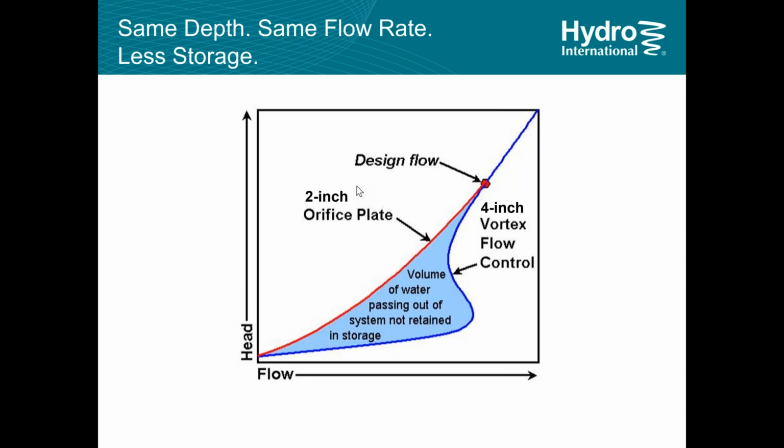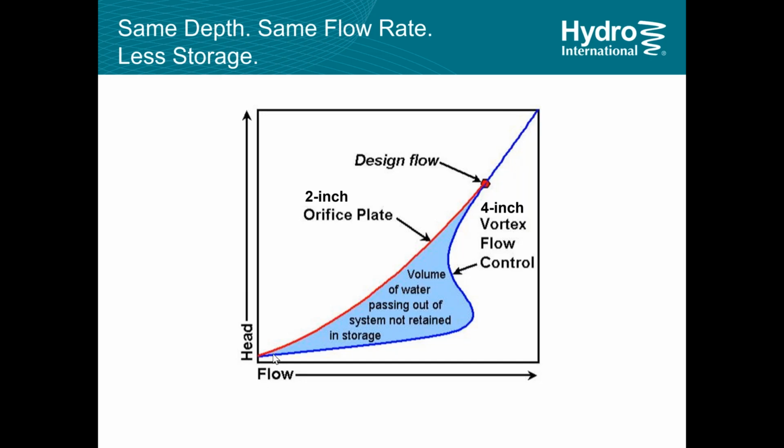There's one other way that vortex flow controls can save you some space on site. It's a little more complicated and it could be its own presentation, but I'm going to give it a go. The 4-inch vortex flow control has this strange shaped curve where it starts off acting like a 4-inch orifice, and then it kind of transitions and it begins acting like a 2-inch orifice.